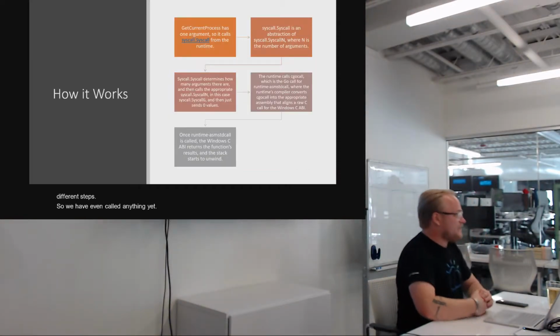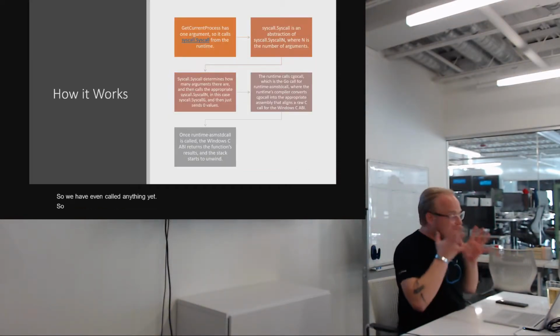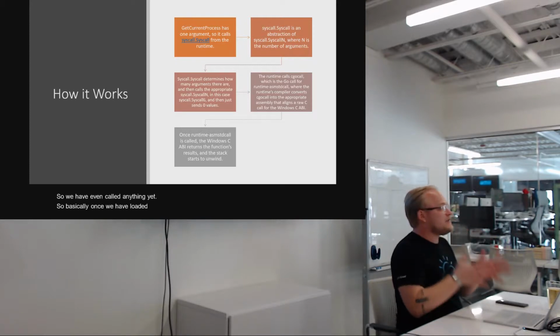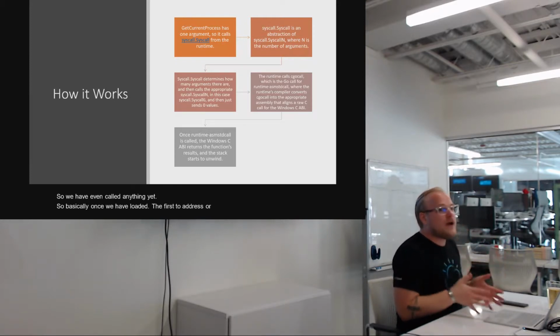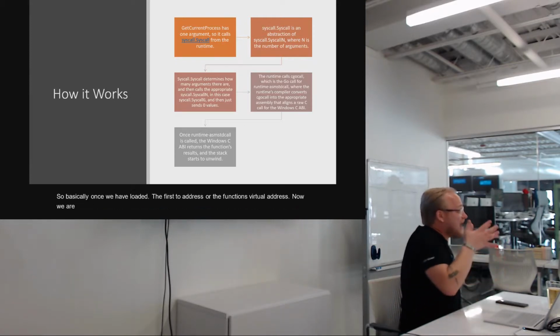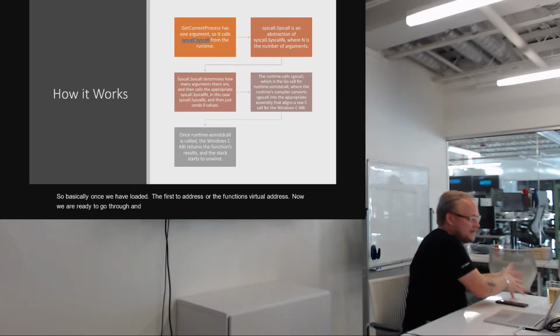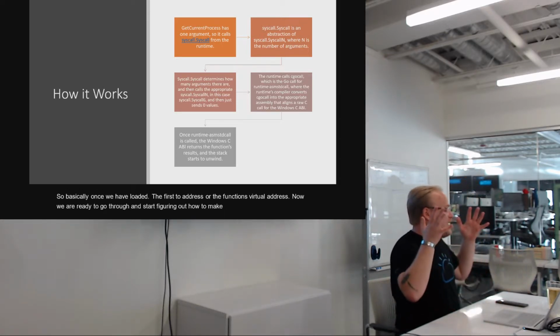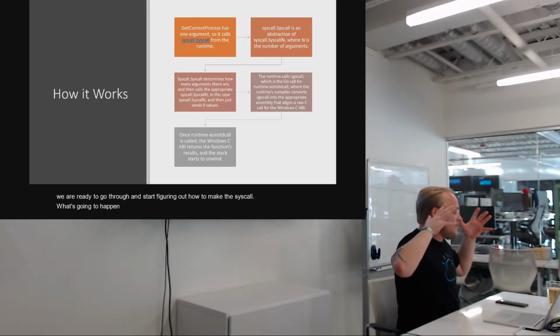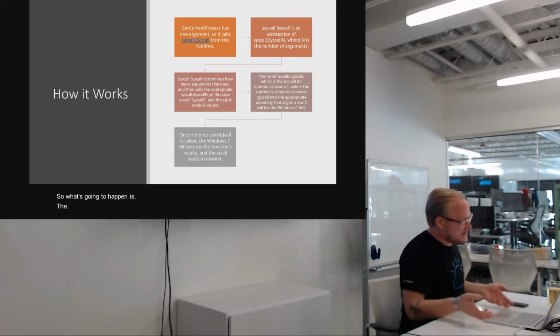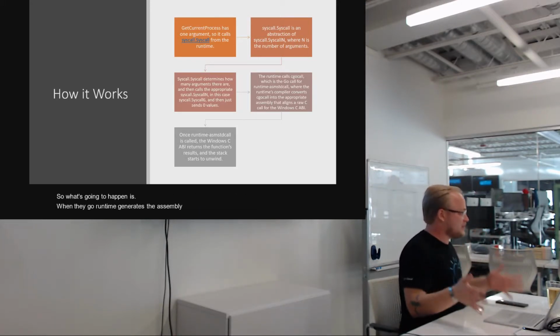Once we have loaded the function's virtual address, we are ready to start figuring out how to make the syscall. When the Go runtime generates the assembly, it has to figure out which syscall function to call.